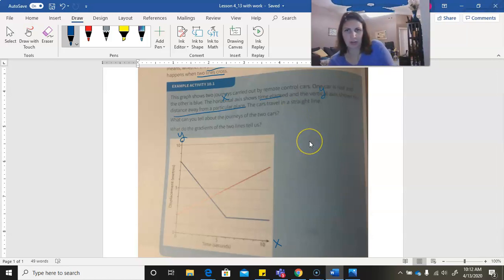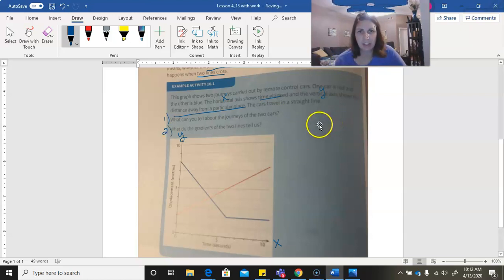So you have two questions. Number 1 asks, what can you tell about the journey of the two cars? A couple of things I want you to think about: the red car goes in the same fashion throughout, whereas the blue one comes from a different direction, and at a certain point the blue car just stops, but at one point they are the same distance away from a particular point.